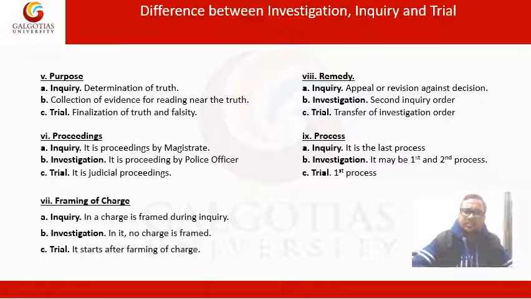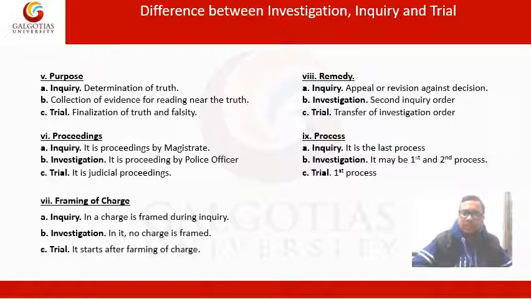Trial is completely different. Trial is whatever evidence you have collected from the investigation, whatever determination you have done from the inquiry, the finalization of that truth or falsity to determine whether the person is guilty or not is the ultimate purpose of a trial. For proceedings, inquiry is a proceeding by a magistrate, investigation is a proceeding by a police officer, and trial is a judicial proceeding again by a magistrate or a court.